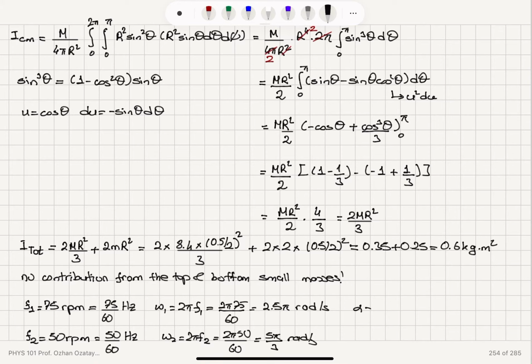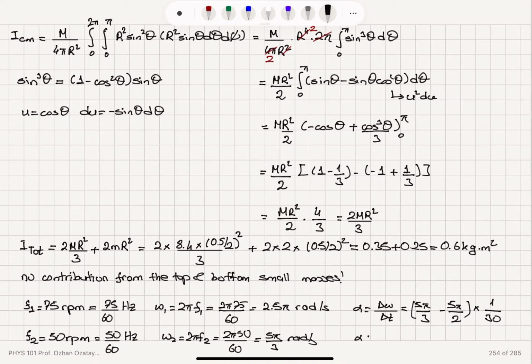The angular acceleration I'm looking for is delta omega divided by delta t, constant angular acceleration. Final angular speed is 5 pi over 3, initial is 5 pi over 2, 2.5 pi, and I want to go there in 30 seconds, so 1 over 30.